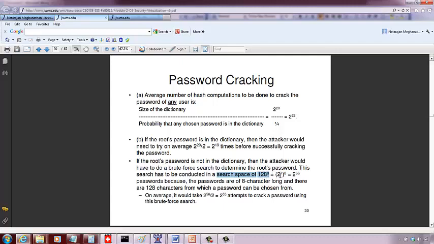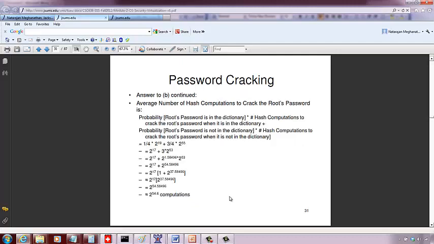Now 128 can be written as 2 raised to 7, so 7 times 8 is 56. So 2 raised to 56 is the maximum number of passwords you will have to try at the worst case. On average, half of these words could be tried and you could have cracked the password by then. So that's how you get 2 to the 56 divided by 2, which is 2 to the 55.